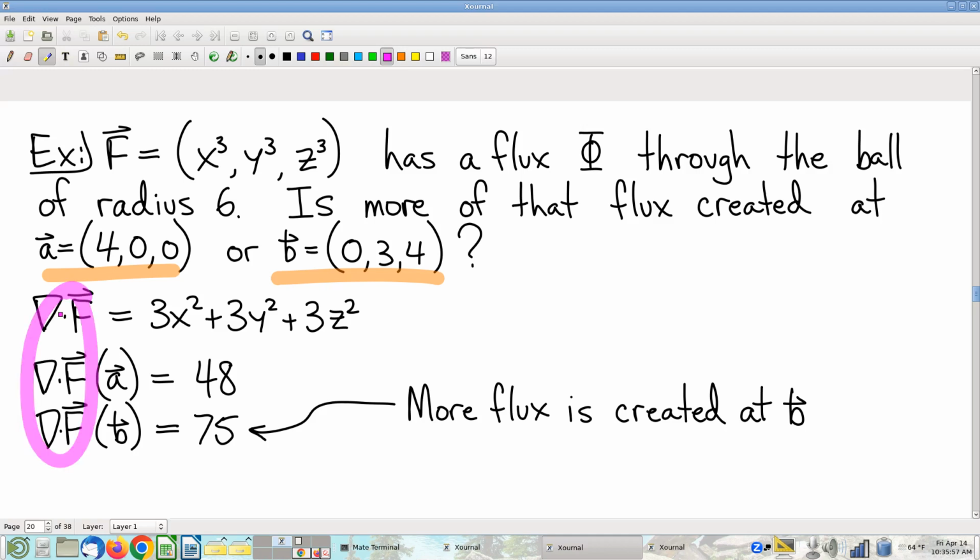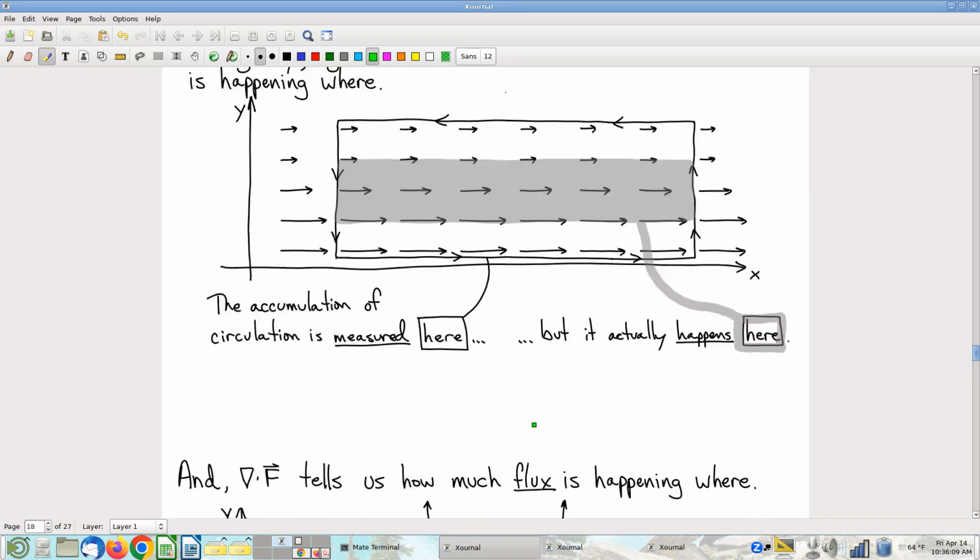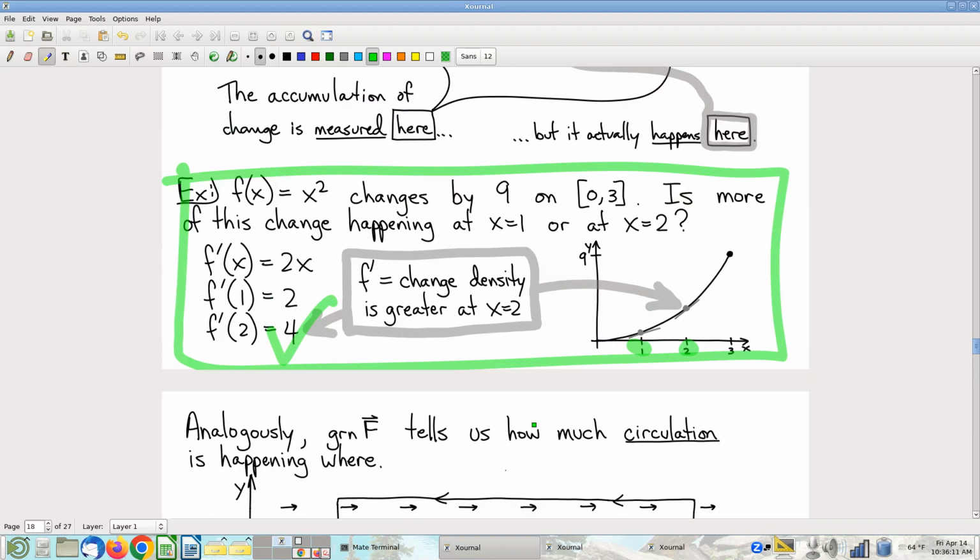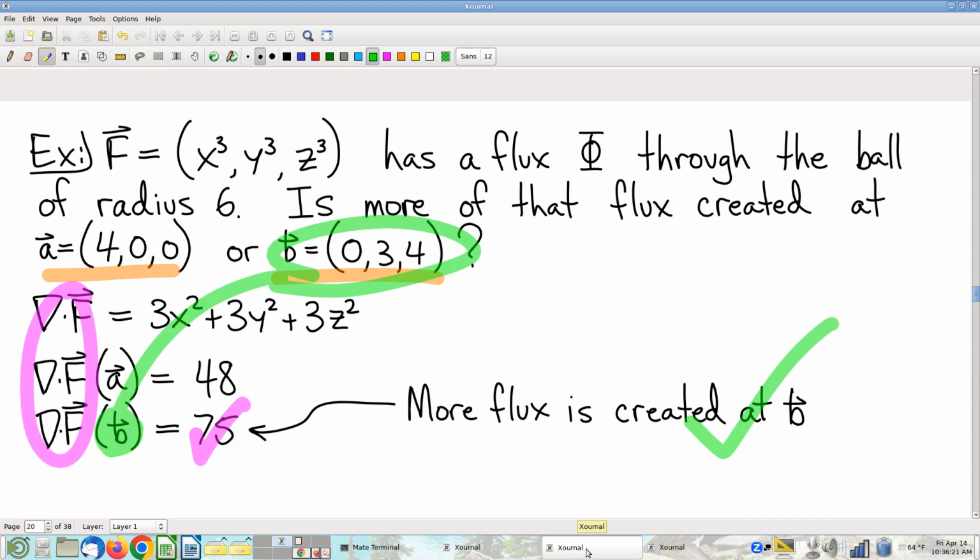Flux density, see where it's the greater. That's the point where more of the flux is being created. In the exact same way that the derivative tells us where more change is happening. You buy it? Everybody comfortable with that? So again, the divergence is very much playing a role of a density and an indicator of where the stuff is. The stuff being the accumulating quantity of flux in this case.